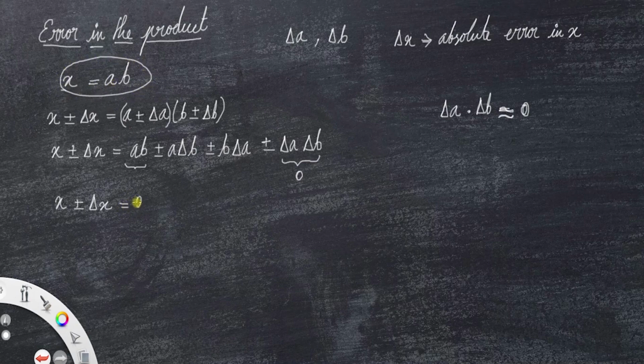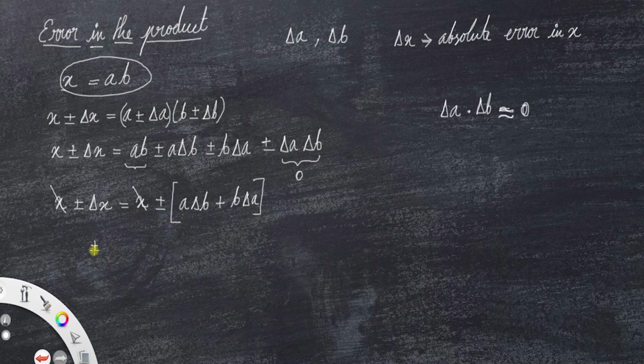Clear? So x plus or minus, you can take this plus or minus outside. Now it will be a delta b plus b delta a. This will become 0. Now you can cancel this x.